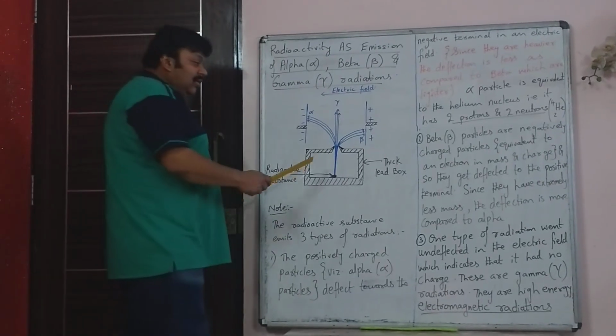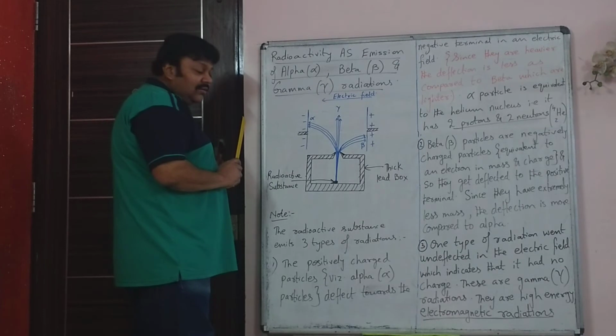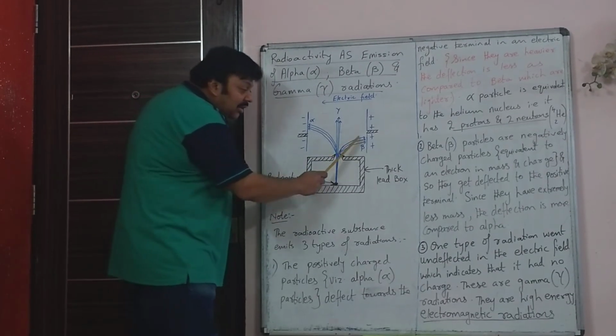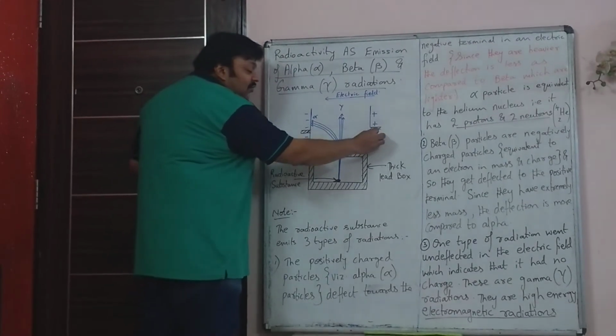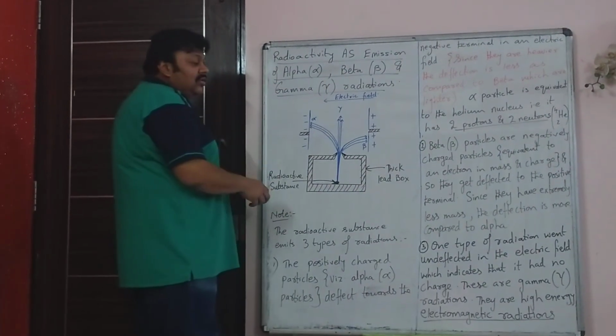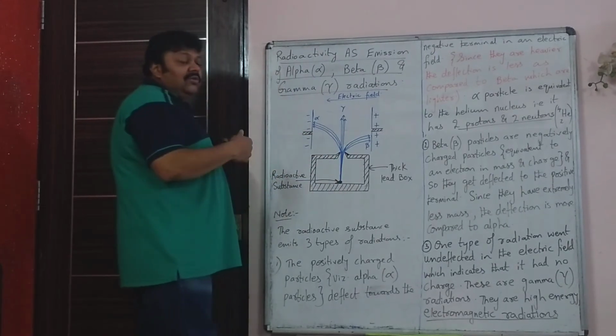Now it is also seen, and when you draw this figure it has to be shown that way, that the beta particles come out and move first, towards the positive terminal. They move first because they are extremely light particles.